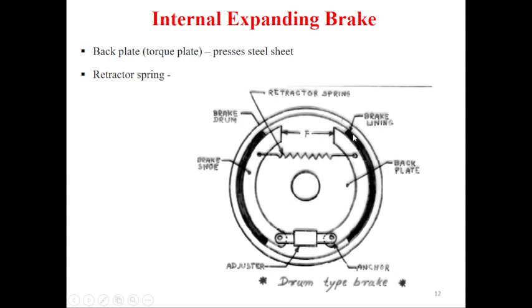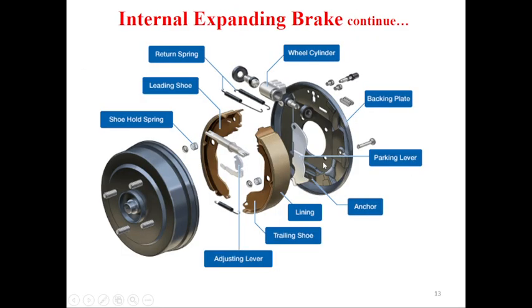When the lining is compressed, the force increases, and this force generates the braking. The brake is applied through the adjuster and the anchor, which are required for retracting the spring with the help of the retractor.